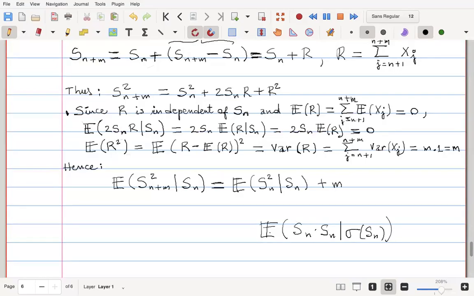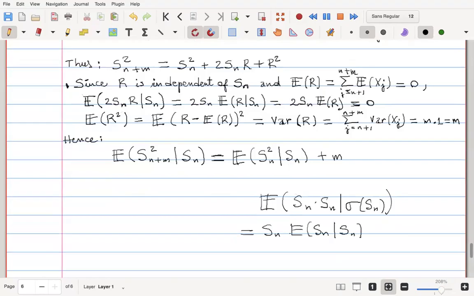I cannot take both, otherwise I will be left with one, which is not interesting. So I consider this as S_n into the conditional expectation of S_n given sigma(S_n), which is still S_n. So this gives us S_n squared plus m.